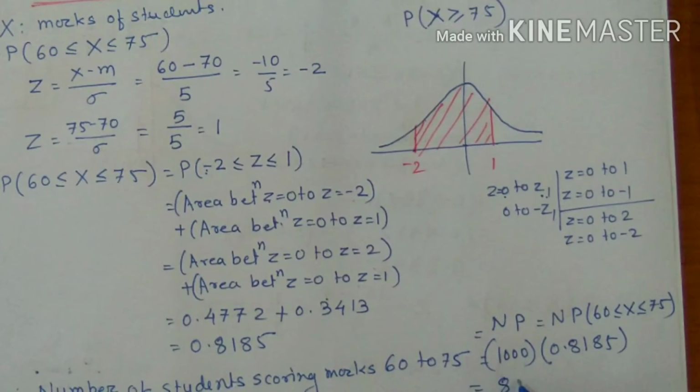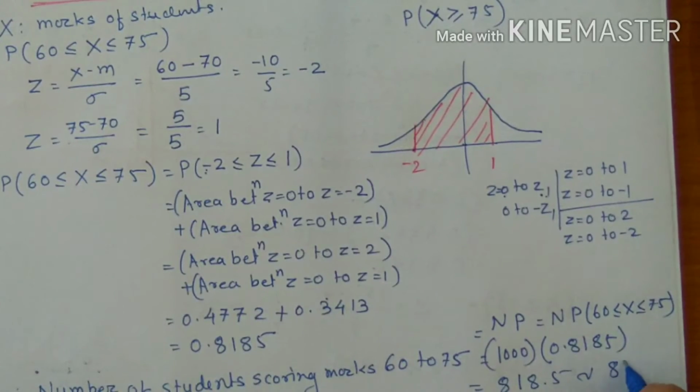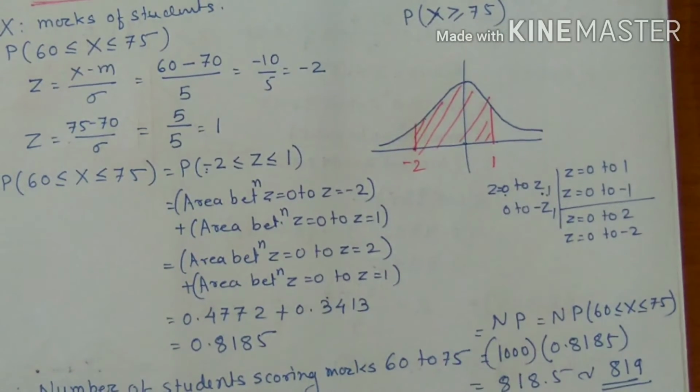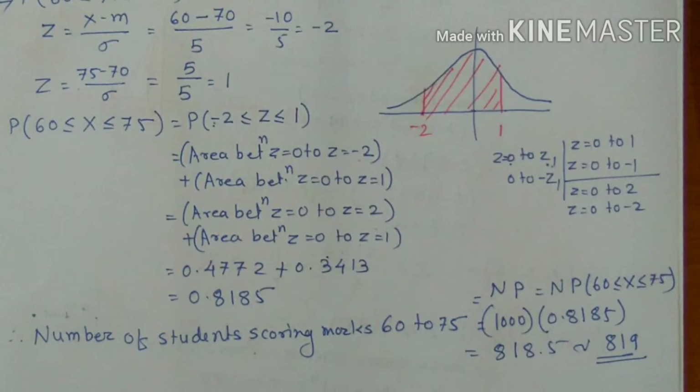And this is 818.5. Approximately you can say this is 819. That is our expected value in this problem.